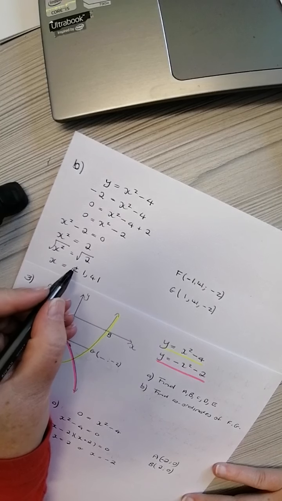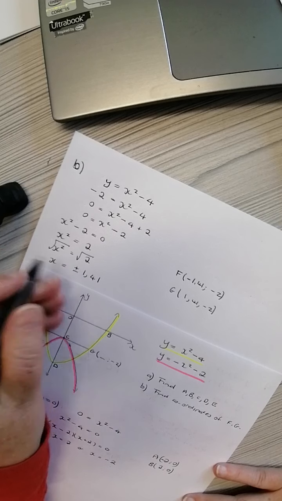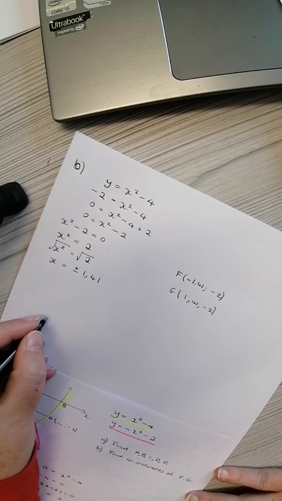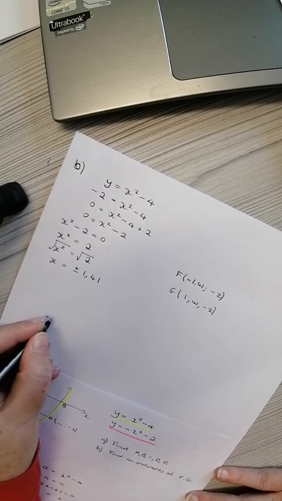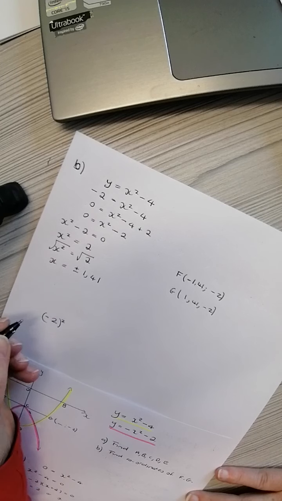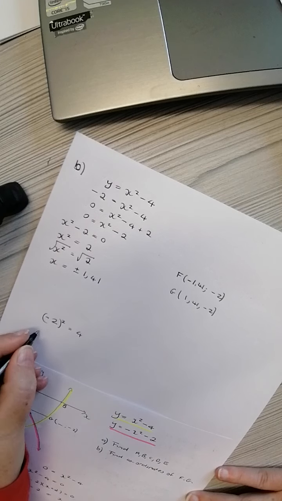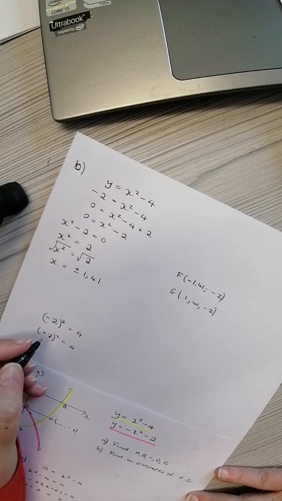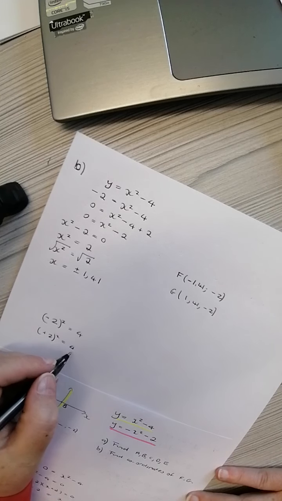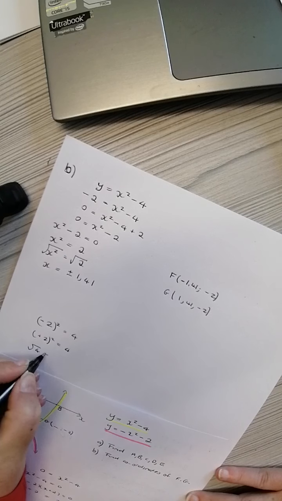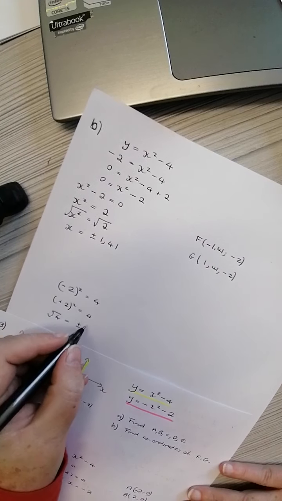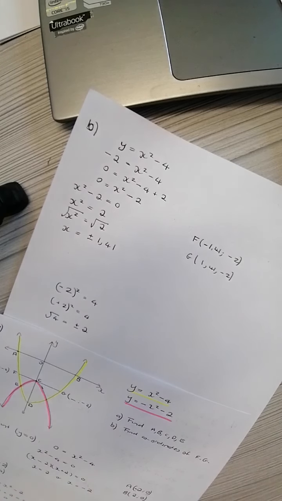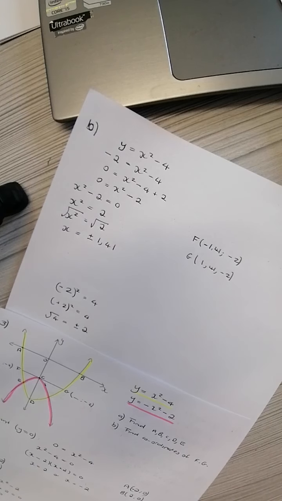You do realize that the reason there's a positive and a negative is because a negative 2 squared and a positive 2 squared give you the same answer. So when you get the square root of 4, it's both positive and negative 2. So remember that. It's both positive and negative.